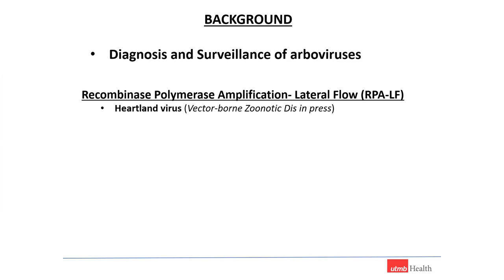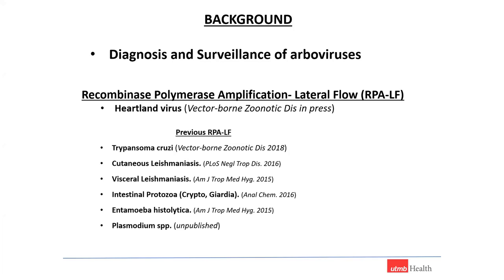We use this as basically a case study development assay, because we had access to what few patient samples exist, and so we used it as our poster child for developing our assays while we were developing some of our other arboviral tests, including with our previous work we've done with parasites.